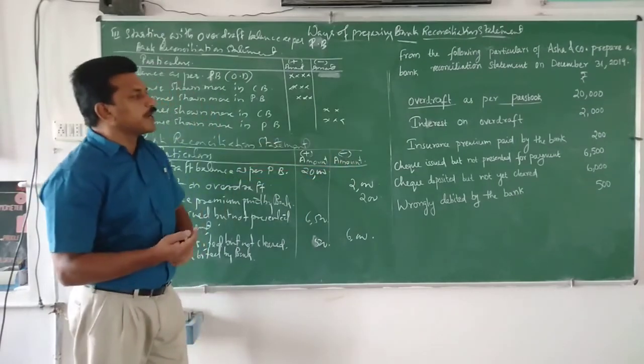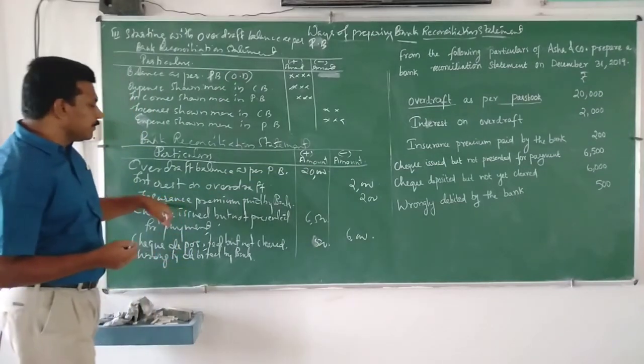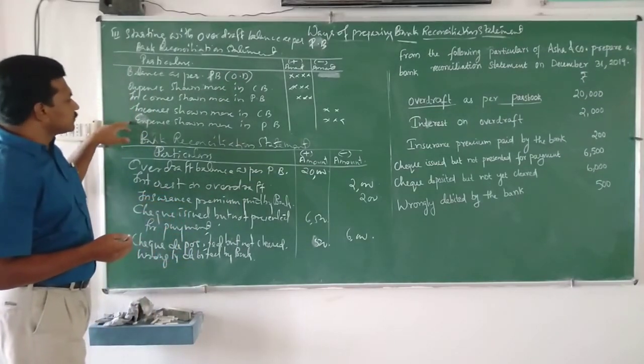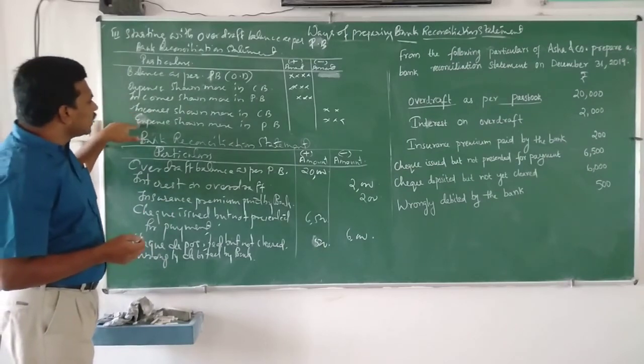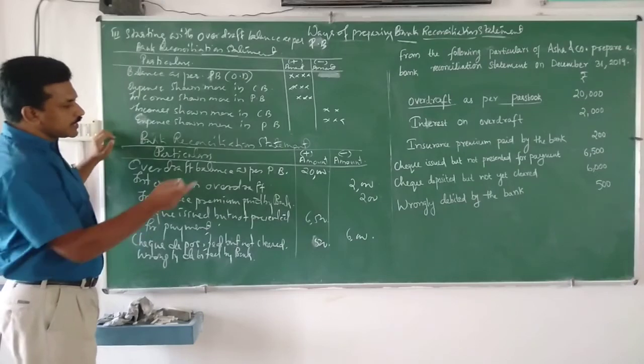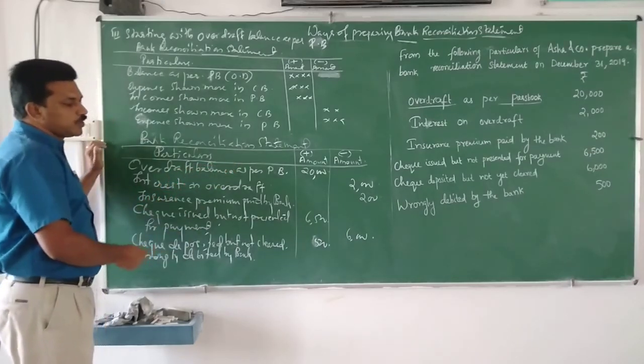Or insurance premium paid by the bank, 200. So insurance premium paid by bank, expense shown in bank account, we have deducted. Then like expense debited by the bank, also expense only.